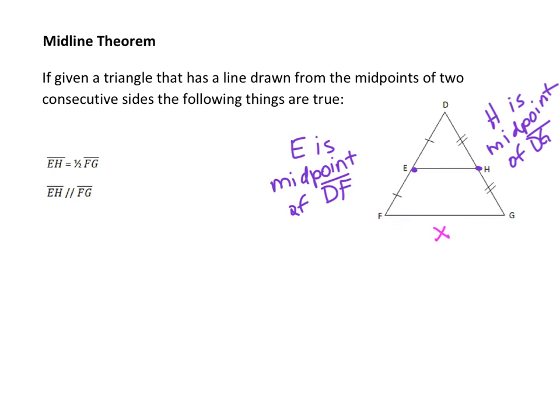That means that EH is equal to half of that, so we would say 1/2 x. If FG was 10, then EH would be 5. All right, and then they are parallel, so we can go ahead and mark our little parallel arrows, showing that those will always be parallel. And that's your midline theorem, giving you those 2 helpful pieces of information.